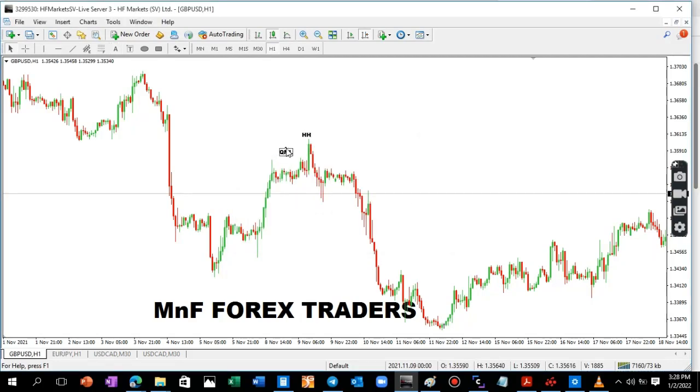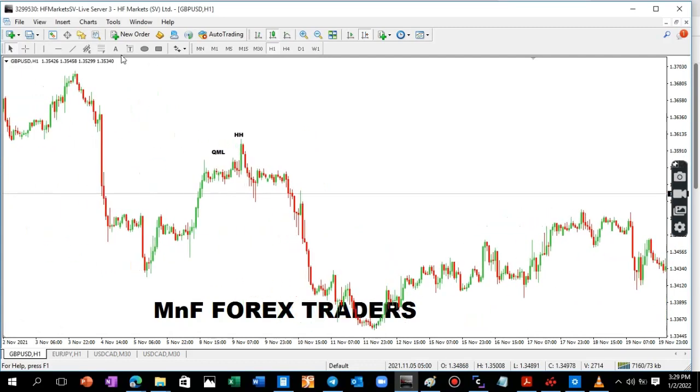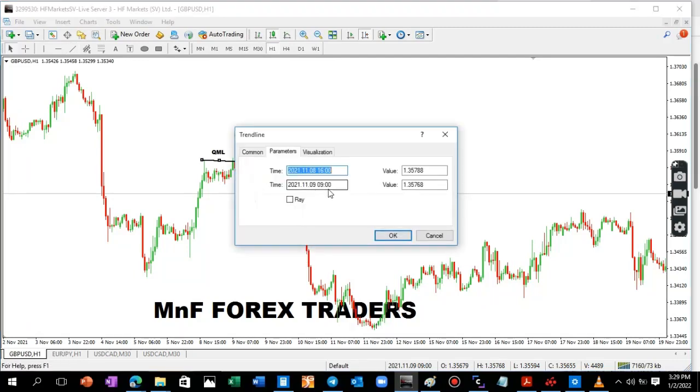So right here, if you pay attention, you realize that there's actually a dual resistance QML. If you've been following us for long enough, you realize that I talked about this kind of QML. I say these are high probability QMLs, meaning they have a higher probability of working.